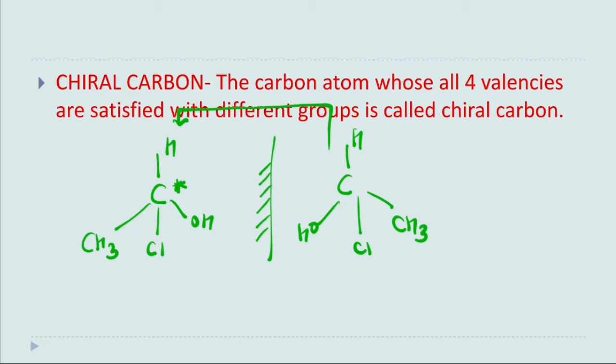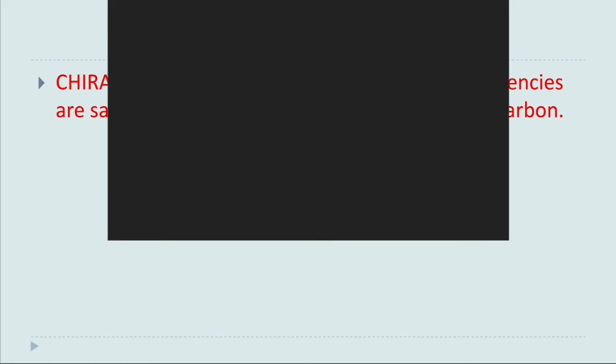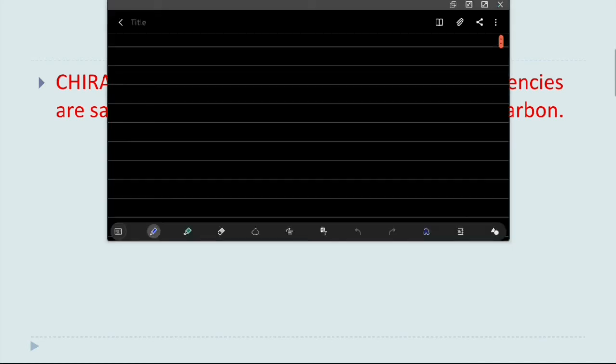If you overlap them, we will see that the groups will not overlap each other. Now one will be D form and another will be L form. Okay, but suppose a molecule has more than 1 chiral carbon, then it does not mean that the compound as a whole will be optically active. That is not necessary.